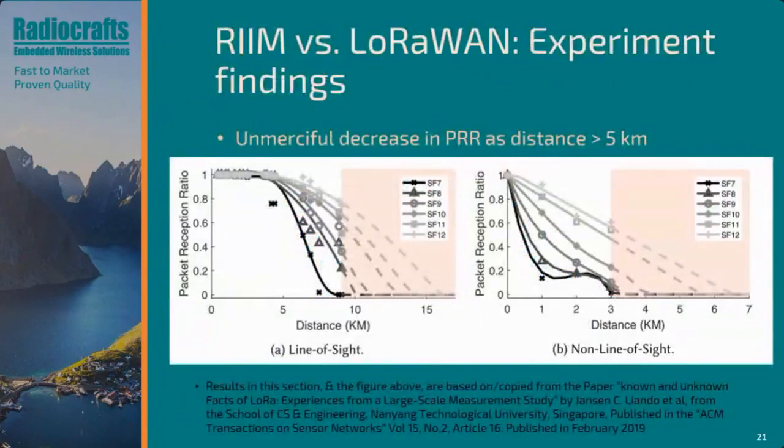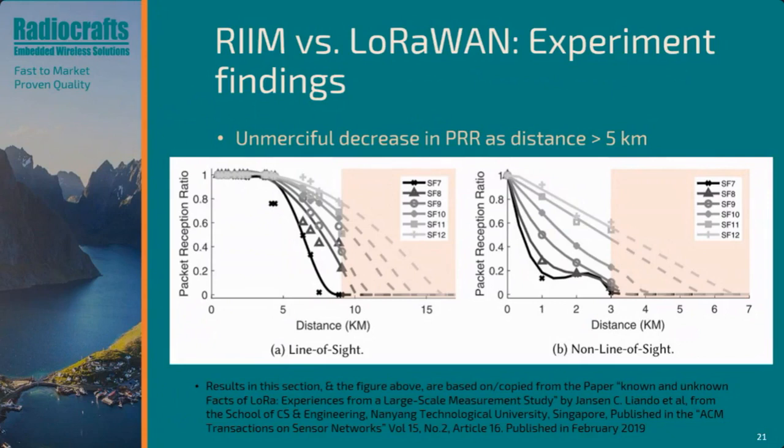So how does LoRaWAN actually perform in open field, in field measurements in general? We have this diagram, taken from the research paper mentioned down here. On the left-hand side, we have the line-of-sight range plotted against the packet reception ratio under 5 different spreading factors.